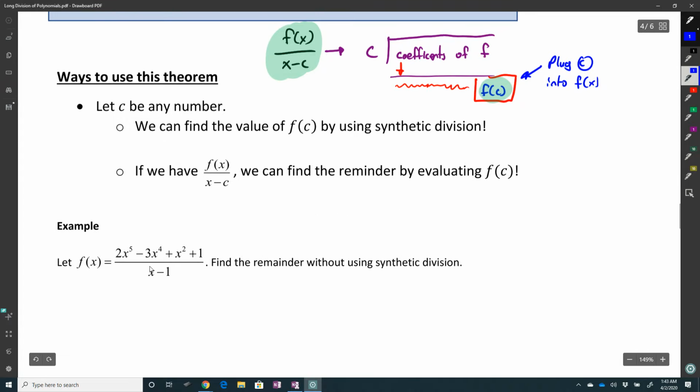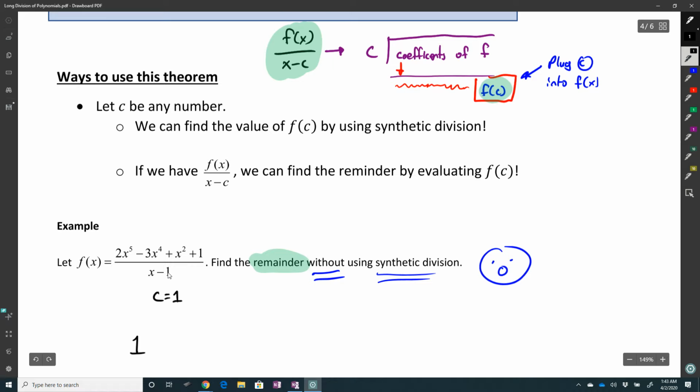So the way we can do this is I can actually divide these two, and I can find the remainder without using synthetic division. And that's what the remainder theorem has us do. I know that if I did this, c is 1.